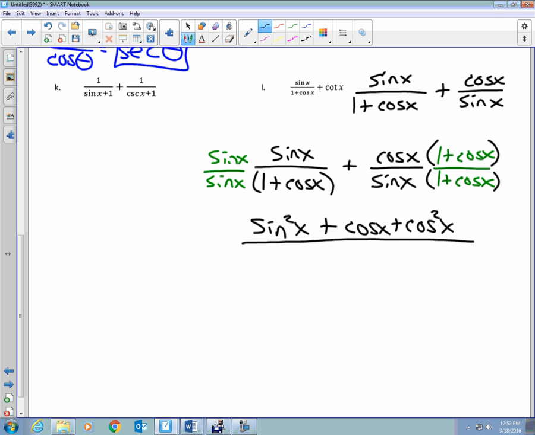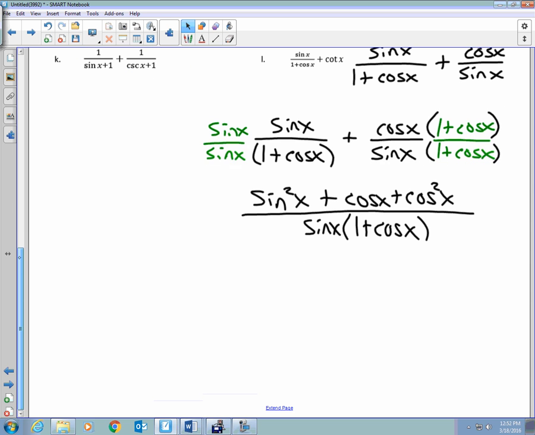Divided by, I'm going to write this in factored form. I'm not going to distribute it through. A lot of times your denominator, you want to leave in factored form to see if something cancels. You just write sine cosine. Sine squared plus cosine squared is?